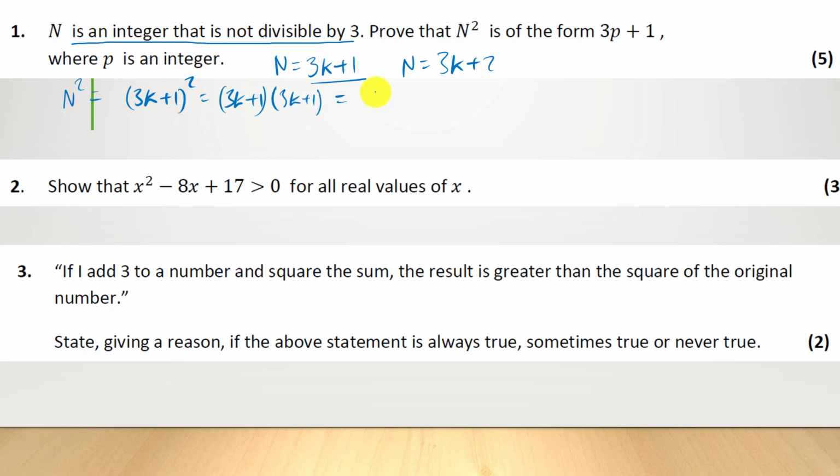And that's going to equal 9k squared plus 3k plus 3k plus 1, which equals 9k squared plus 6k plus 1.